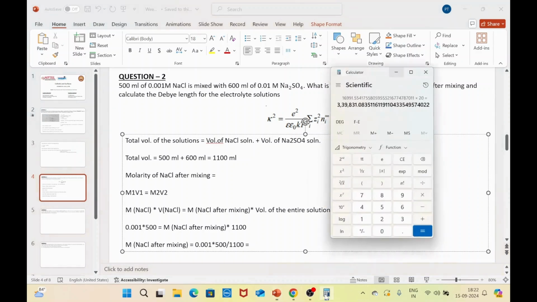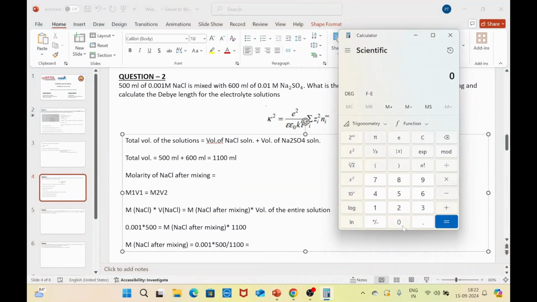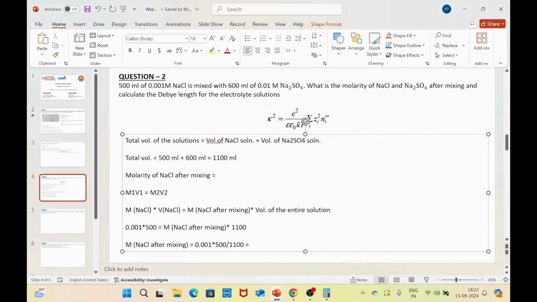So what will be the value? 0.001 times 500 divided by 1100. It comes to around 4.5 times 10 to the power minus 4, or you can write it as 0.00045 molar.